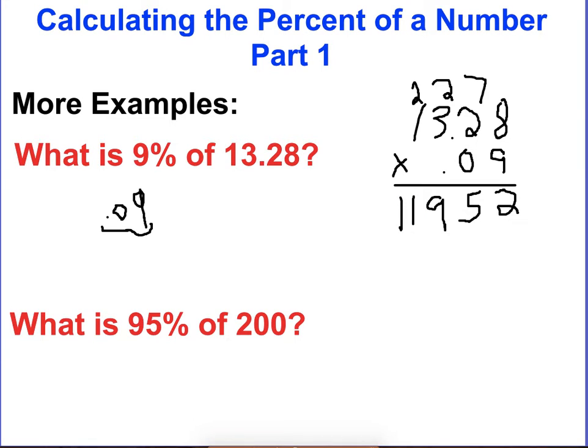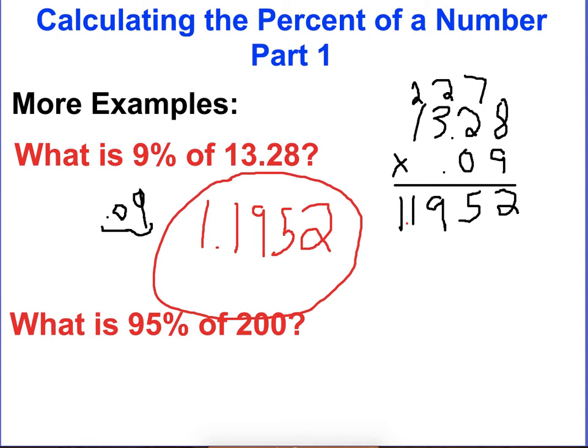Go back to the original and count how many spaces we had. 1, 2, 3, 4. 4 spaces with decimals, so I'm going to move that 1, 2, 3, 4. So my answer for that would be 1.1952. Obviously, if I'm dealing with money, that wouldn't make sense because I'd only have 2 decimal places, so I'd probably say $1.20. But this doesn't have a dollar sign here, so I'm going to write the exact amount.